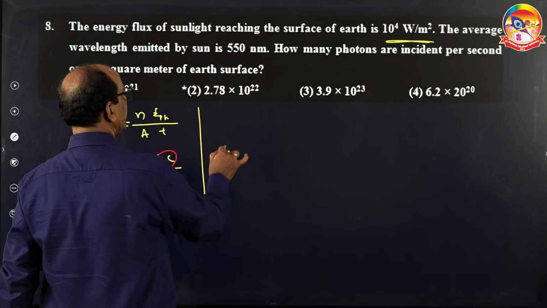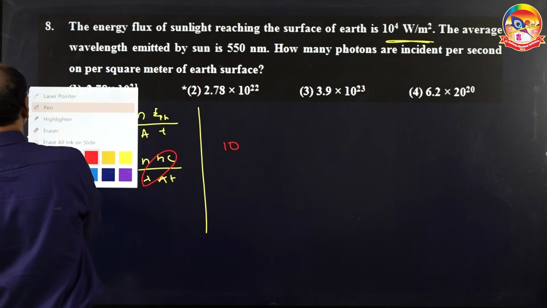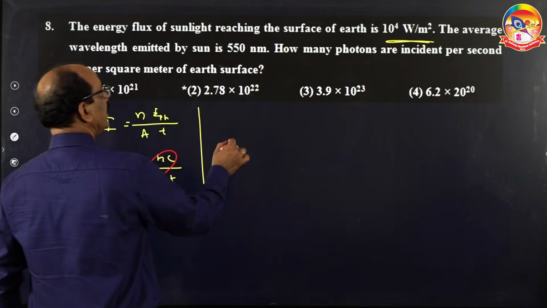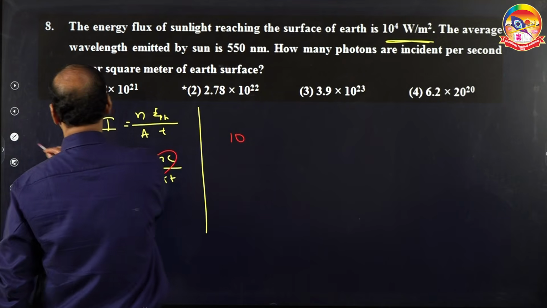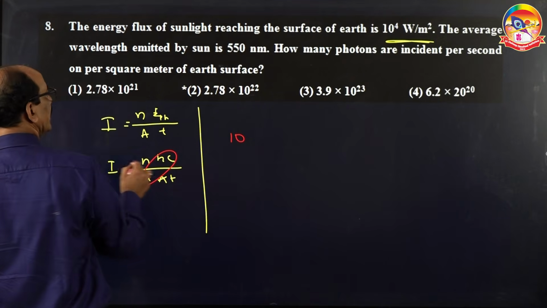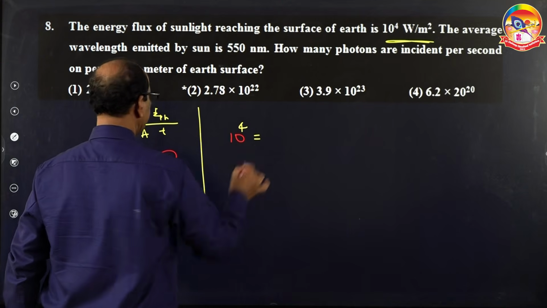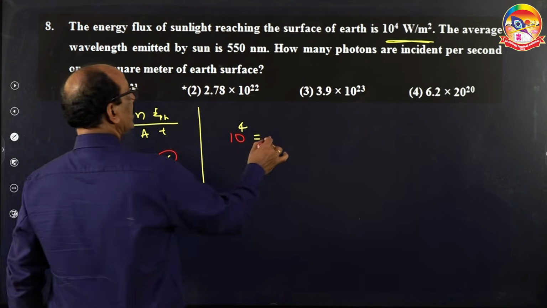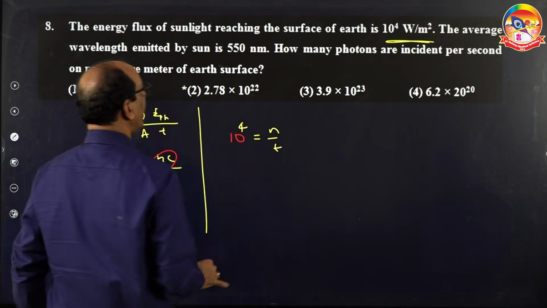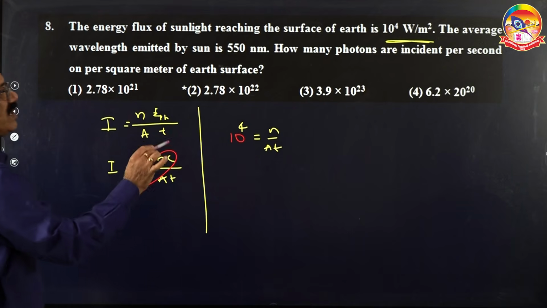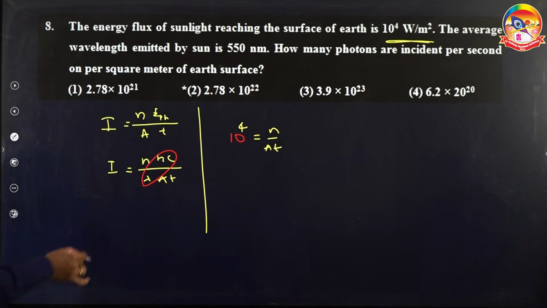So it is given to be 10 power 4 watt per meter square in SI. Therefore n by A t is required, because we want the number of photons incident per second per square meter.